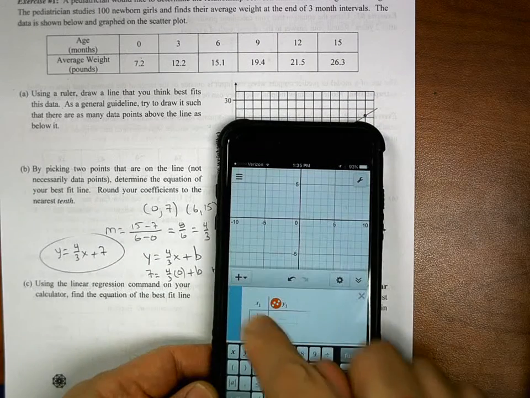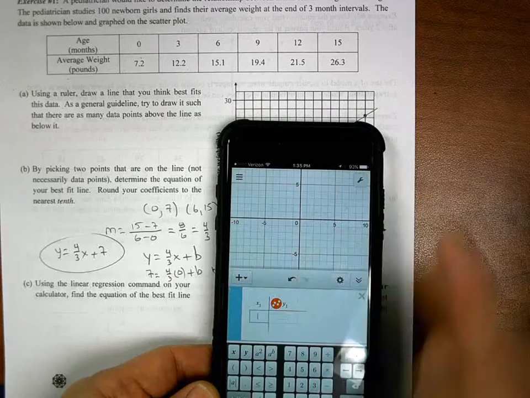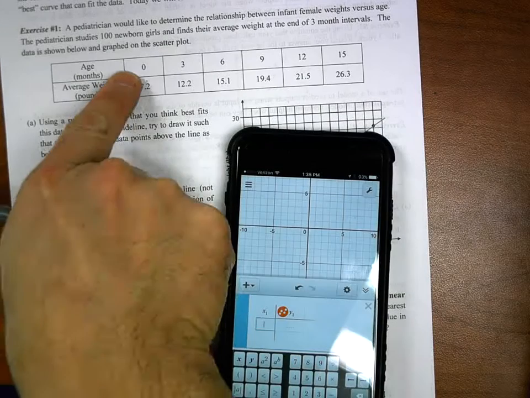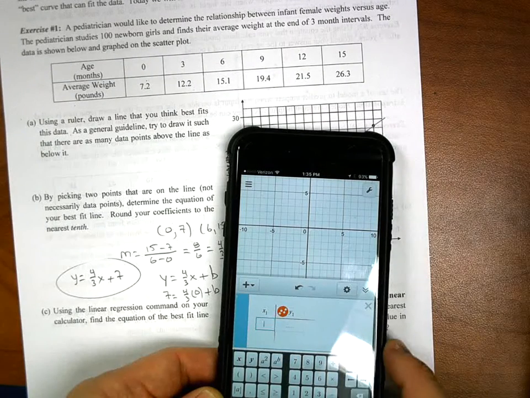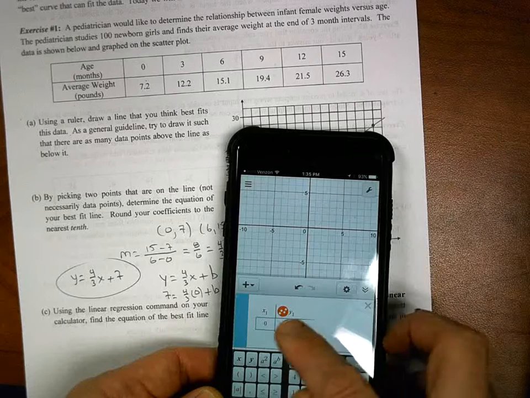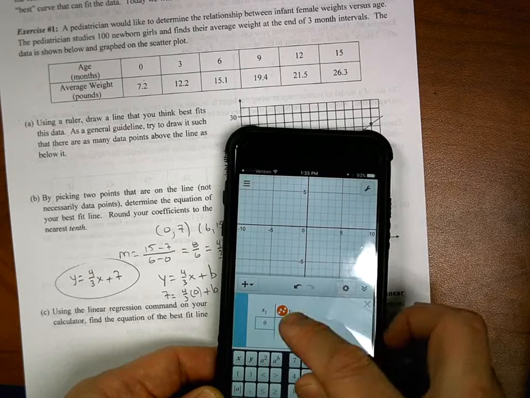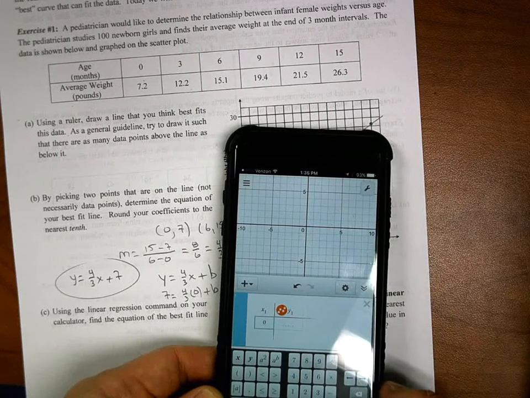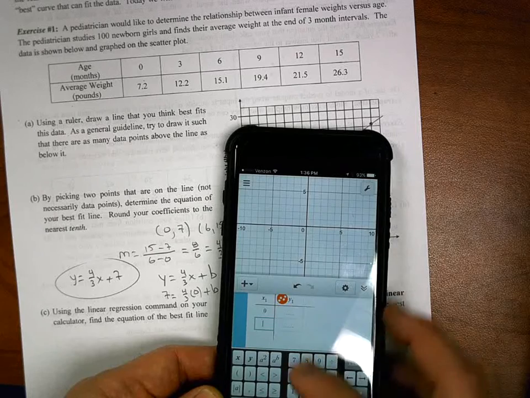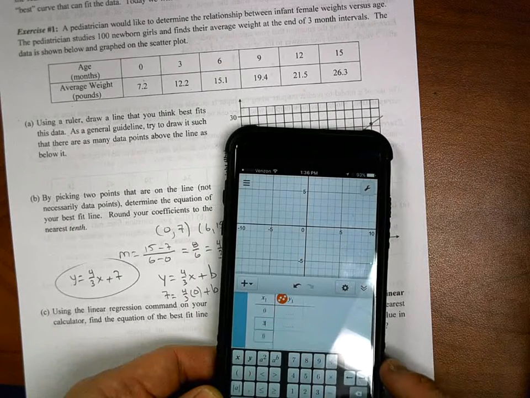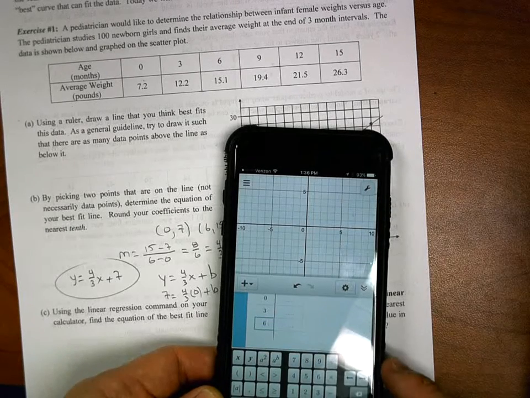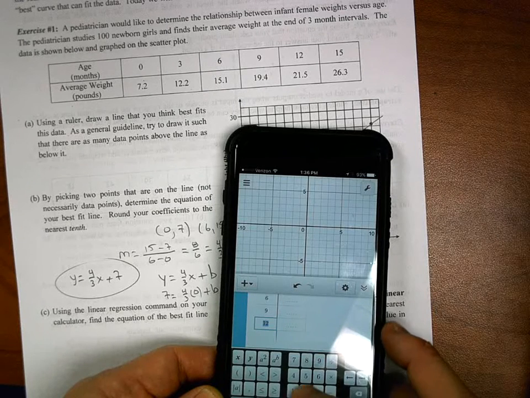So we have x1 and y1. Let's input these values for x, put 0, so type in 0. You can go down and type all the x's and then go back and type all the y's, however you want to input these. So I'm just going to do the x's, so 0, 3, 6, 9, 12, and 15.